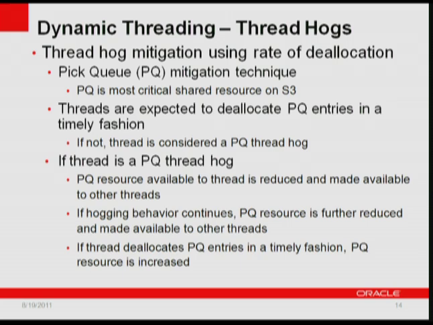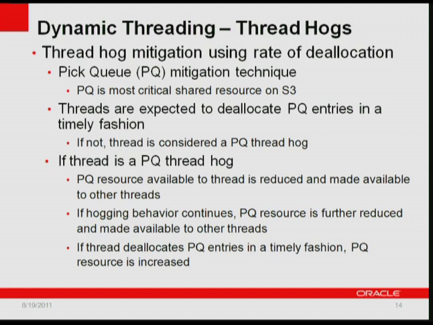The second technique looks at the rate of deallocation to control the rate of allocation. We use this technique on the pick queue being the most critical shared resource on the S3 core. And for the pick queue, we expect a thread to deallocate its entries in a timely fashion. In the event that it doesn't do this, we consider it a pick queue thread hog.